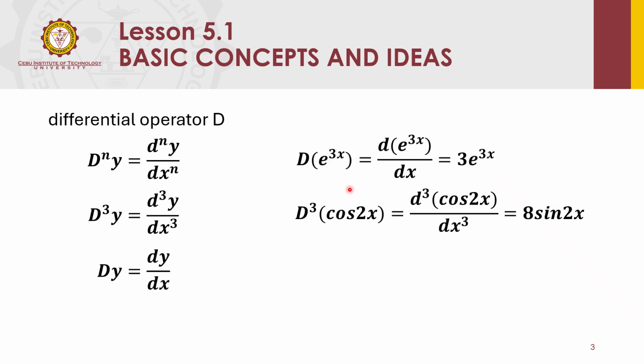And another example, if we're going to get the third derivative of cosine of 2x, it's equal to 8 times sine of 2x. The first derivative is negative 2 sine of 2x. The second derivative is negative 4 cosine of 2x. And the third derivative is positive 8 sine of 2x.